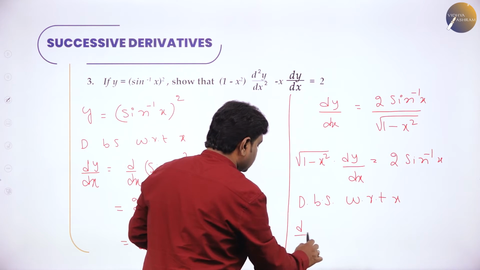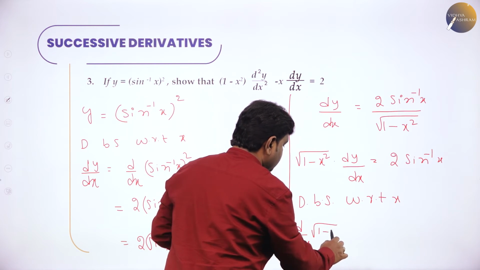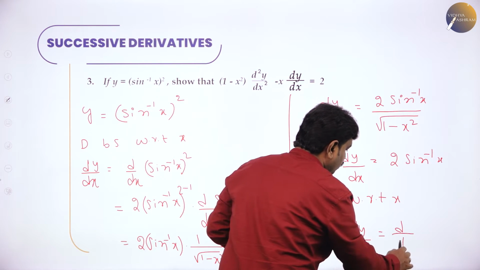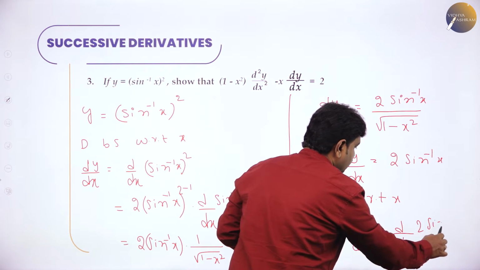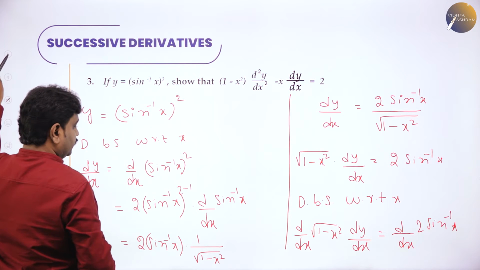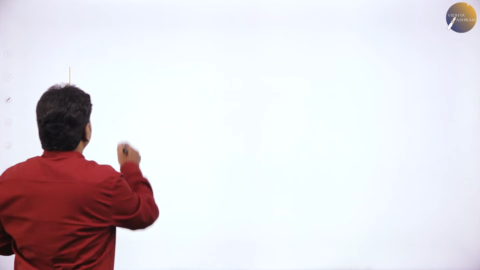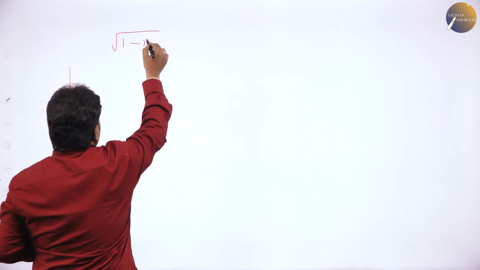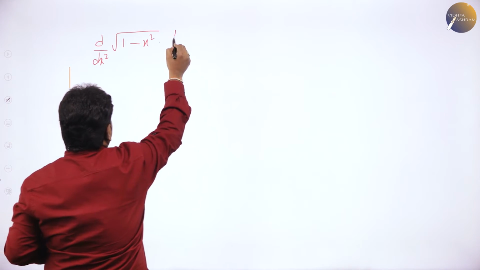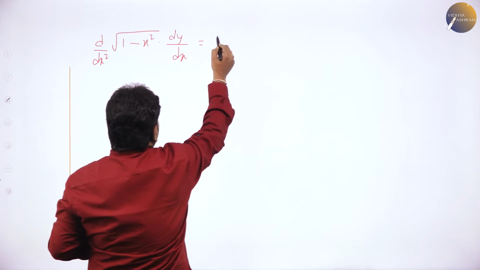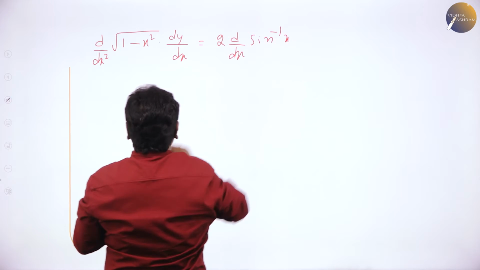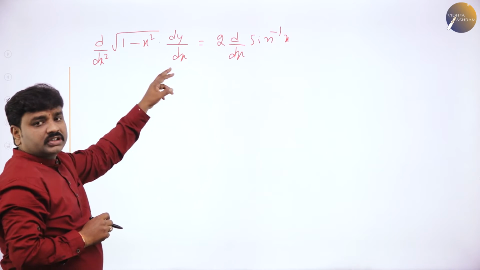So d by dx of root of 1 minus x square into dy by dx is equal to d by dx of 2 sin inverse x. So now we'll continue this. Here we have a product of two functions.